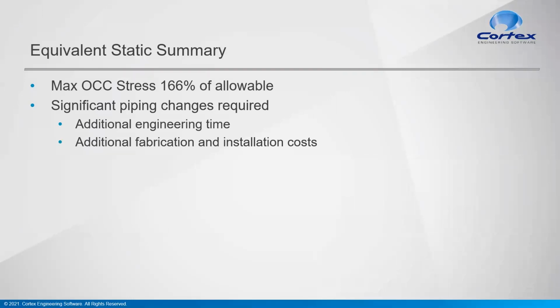Now, that'd result in additional engineering time and more than likely significant additional fabrication and installation costs. So that's a good introduction, a good segue into the transient flow and dynamic approaches that we hope are going to save us some time and money.